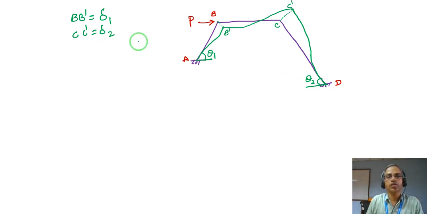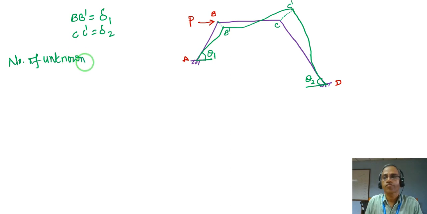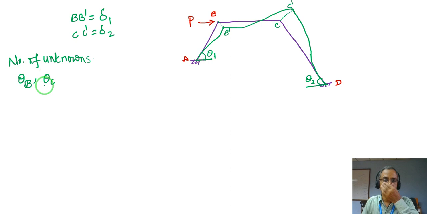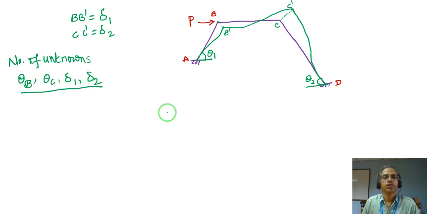So now if you look at the number of unknowns, what we have here is the rotation at B, that means theta B, the rotation at C, which is theta C, then the two deflections at B and C. Now remember that the lateral deflection at B is not equal to the deflection at C. So this delta 1 and delta 2. So there will be four unknowns.